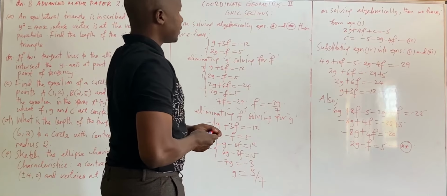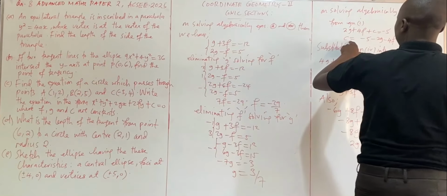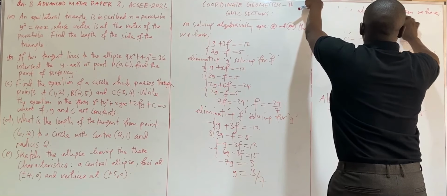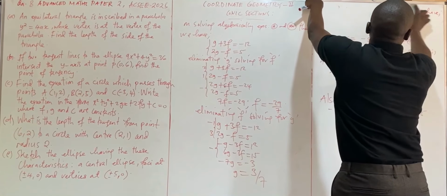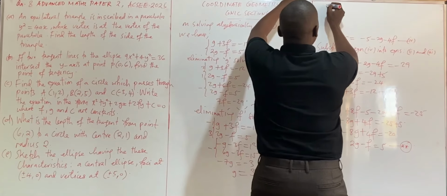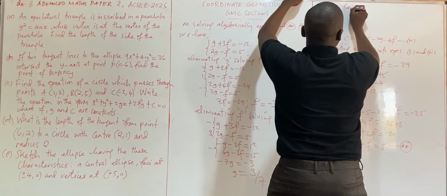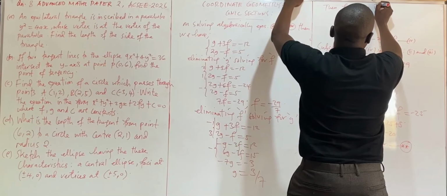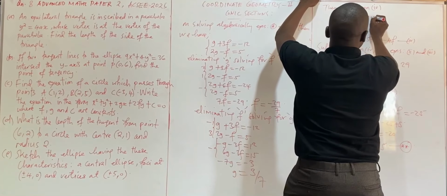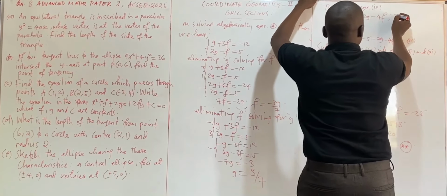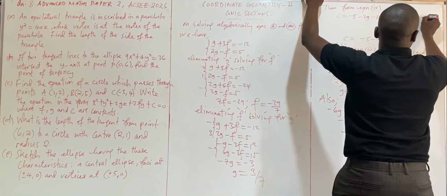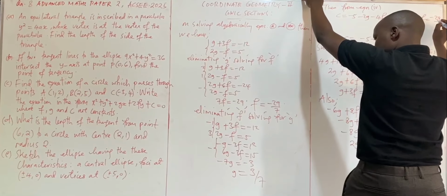Now, after getting G and F, we go back here and we find the value of the constant C. The constant C from equation 4 is that C is equal to negative 5 minus 2G minus 4F. G is now known, it is 3 over 7, and F is negative 29 over 7.